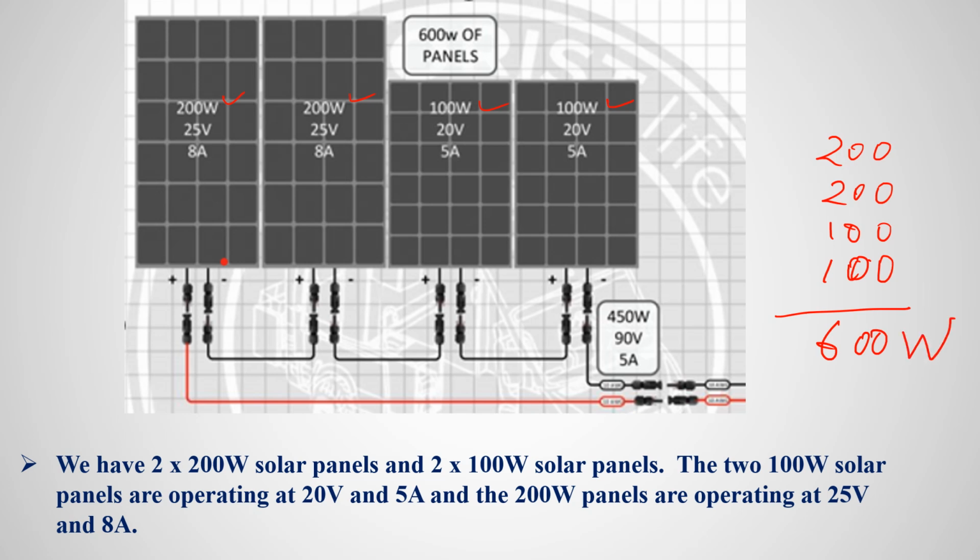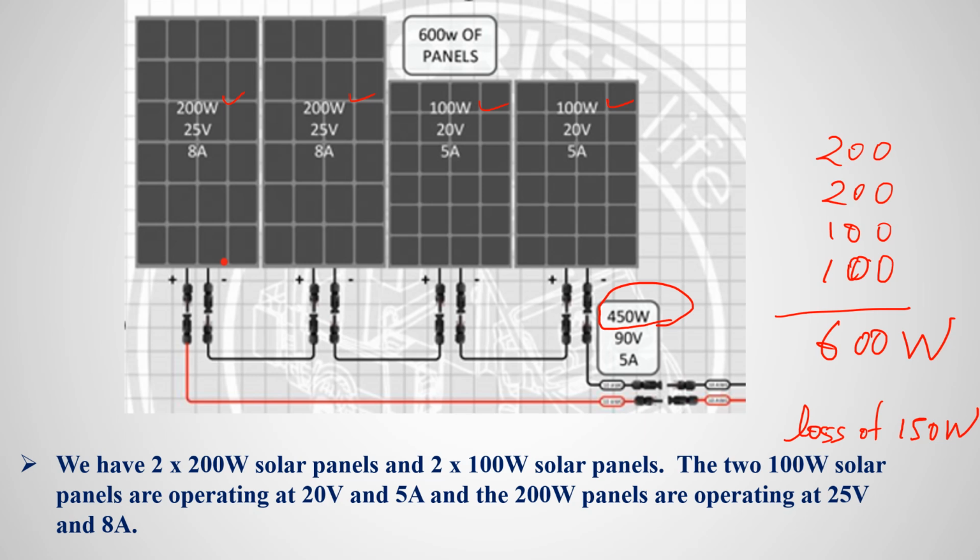This is the expected output if the panels are wired in a proper way. But how much you are getting in this wire connection is 450 watts output. So minus 150 watts is a loss of 150 watts.